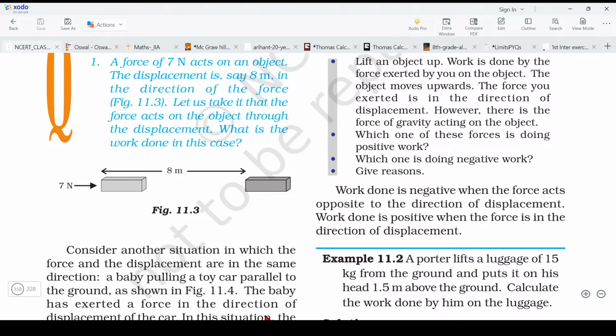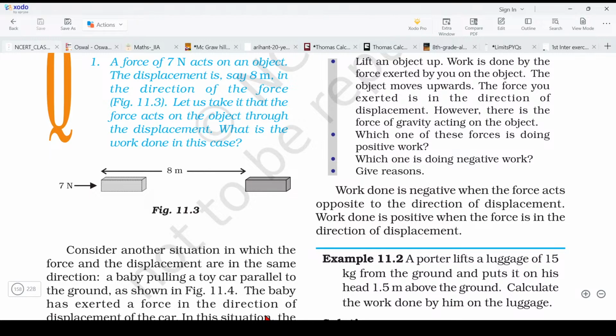What are the units of mass? Kilogram. Right. Unit of mass is kg, and acceleration is meter per second square. So what is Newton?